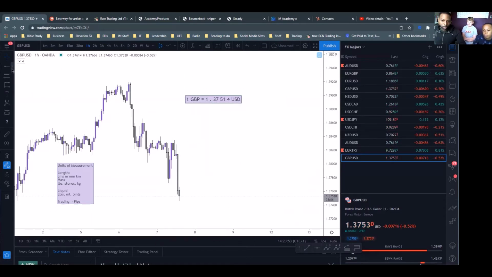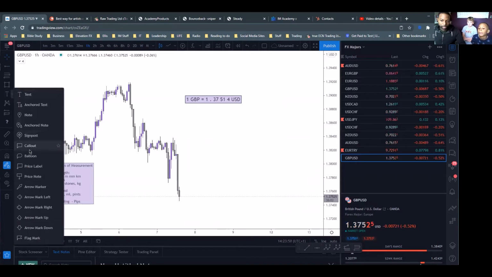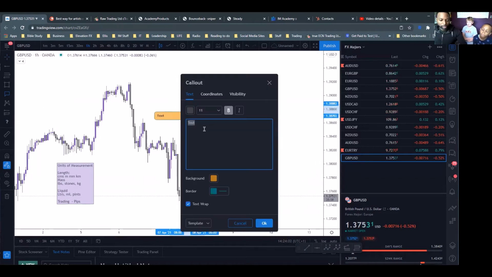Right here, this 1 at the beginning, we call this the handle. The reason why we call it handle is that it's the gateway to the price. It's where the price starts.